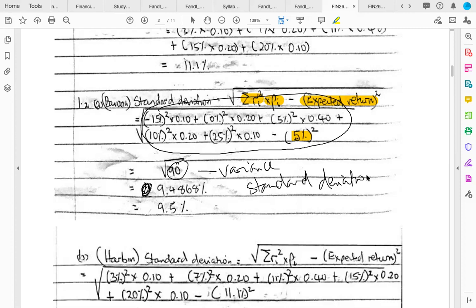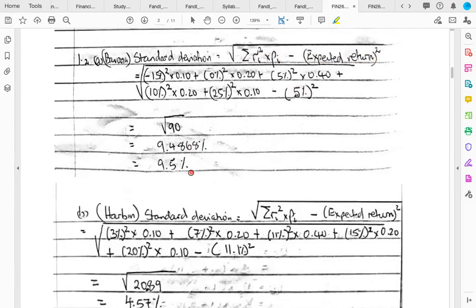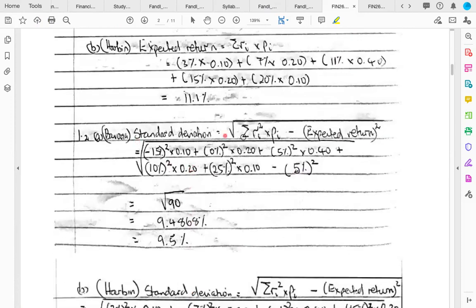So again, just for Bavaria, I'm going to show you how to enter all these values into your calculator and how you would go about doing the calculation, just for practice to help you understand. And then you can also practice with Harbin to see if you can get the same standard deviation.